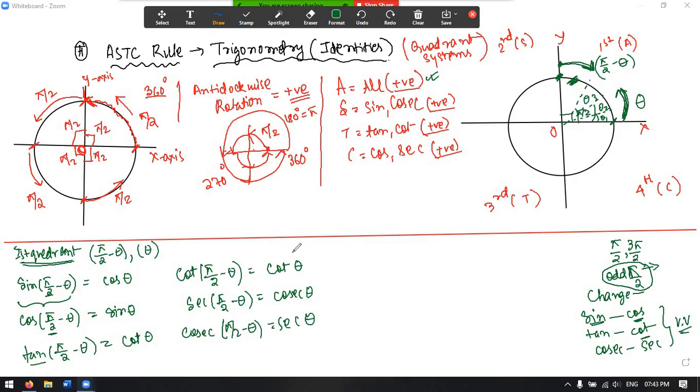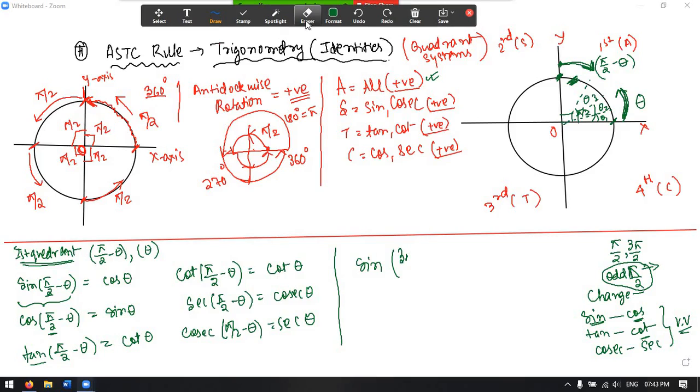If someone asks you what is the value of sine pi by 2 minus pi by 3. I have already broken it down.